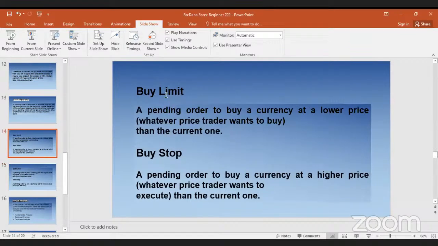Now, this buy limit is a pending order to buy a currency at a lower price, whatever price the trader wants to buy at that is lower than the current one. The market is going up, we are in a bullish market.